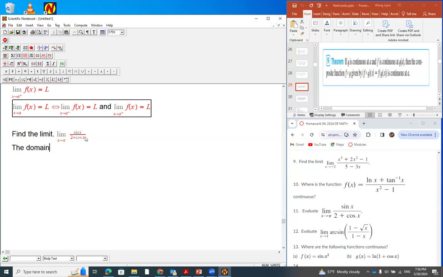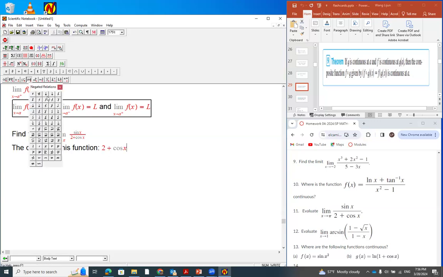But for this specific function, we need to guarantee that 2 plus cosine x should not be 0. Can that be guaranteed? Do we have some numbers we need to exclude? Well, the cosine function is between -1 and +1.